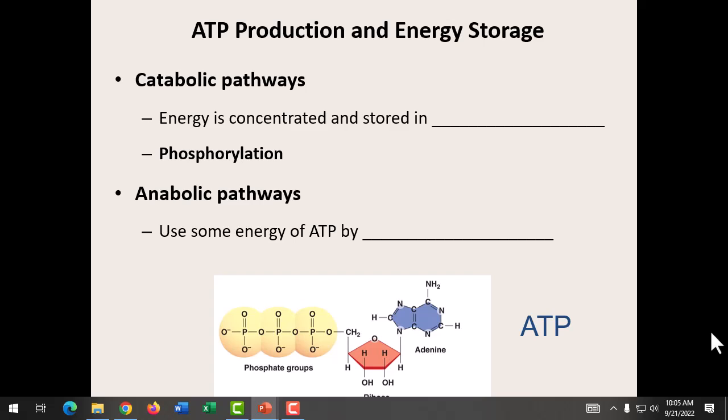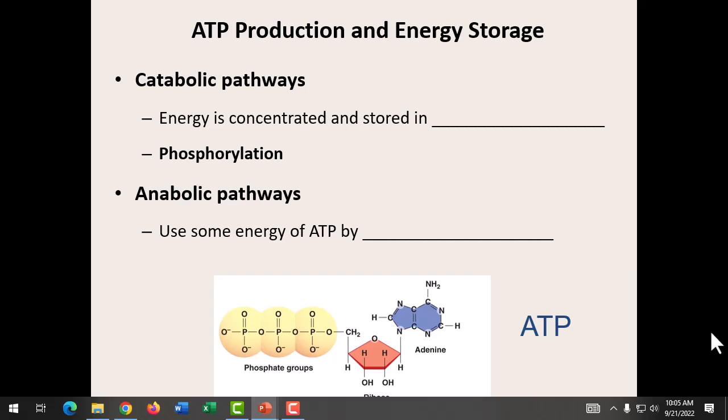ATP is an energy carrier, where we store energy, and it's stored in these high energy bonds between the phosphate groups. If we want to release the energy in these high energy bonds, we just break a phosphate group off. Then ATP becomes ADP. Instead of adenosine triphosphate, it becomes adenosine diphosphate. We lost a phosphate, and it releases the energy in those high energy bonds.